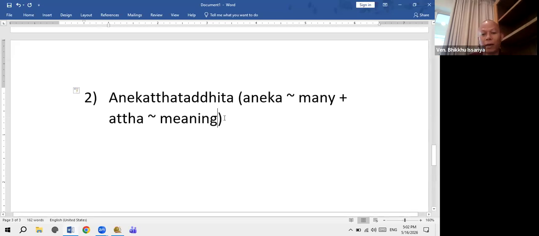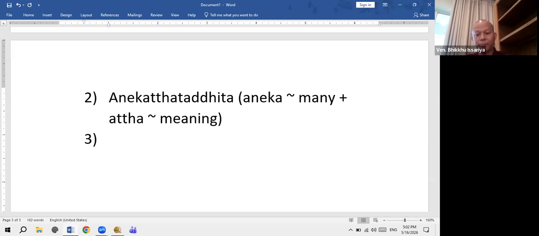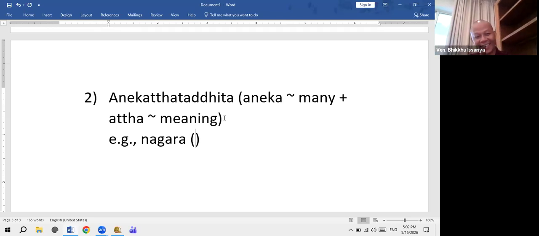Now I will say another example. What is Nagara? Not Naga, the dragon. Gama is village. Nagara is higher and bigger, the city. Don't worry, just recall it.